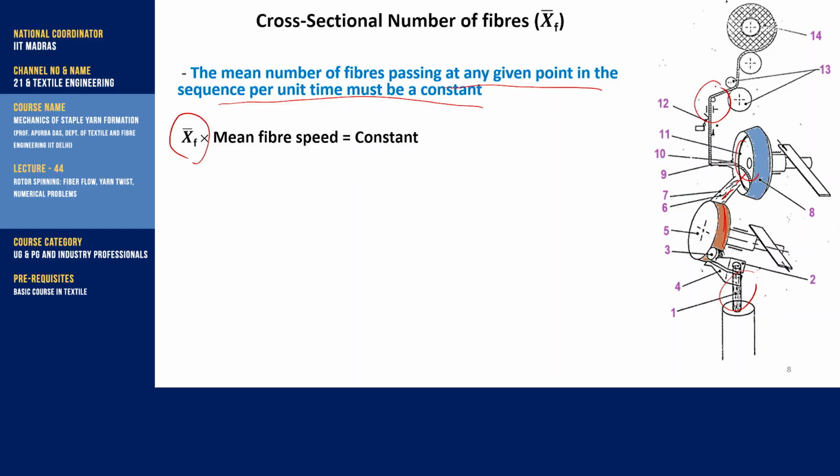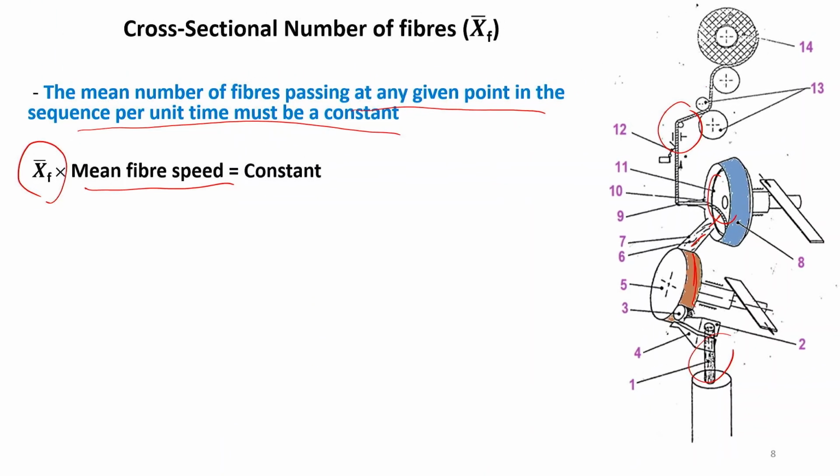The mean number of fibers in the cross section divided by the speed of fibers at that time is always constant. If we talk about the yarn, the speed of fiber will be the yarn speed. If we can measure this constant, from there we can calculate the speed or number of fibers at any other point.